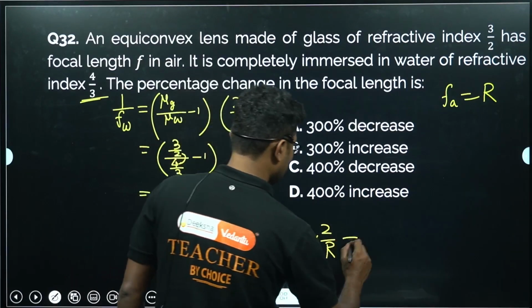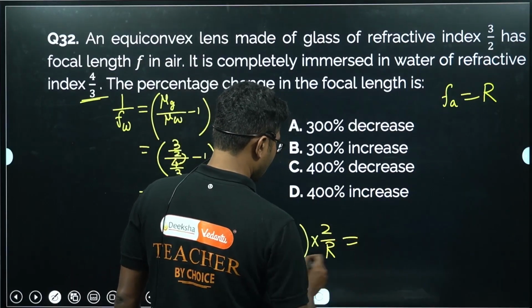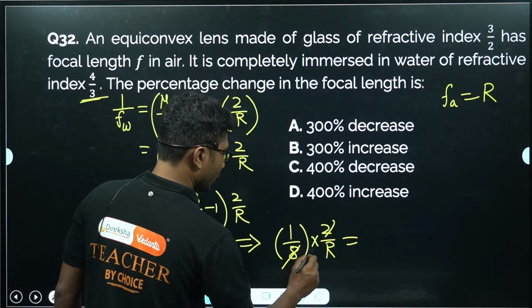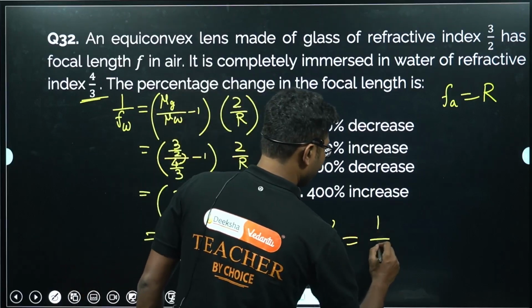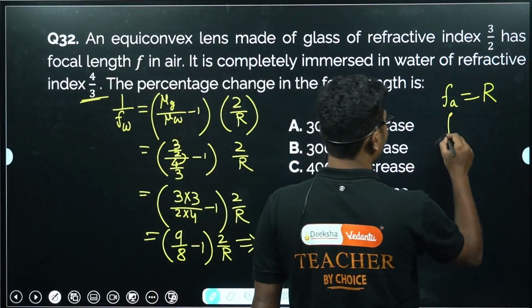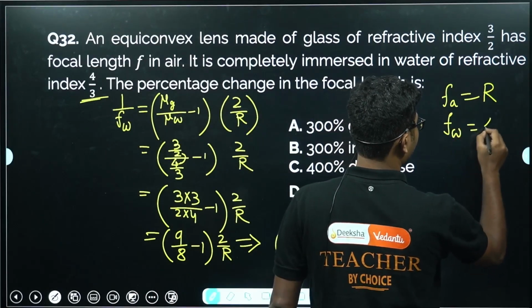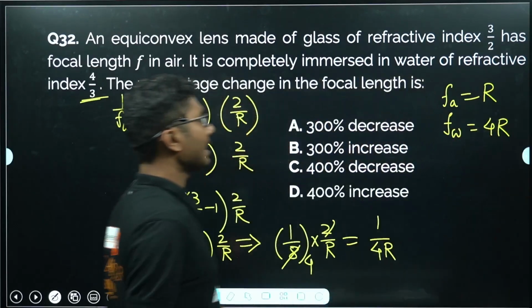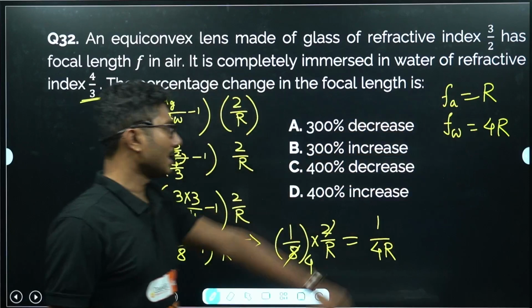This cancels, so 1 by 4 is left. So 1 by 4r, right. So in case of water, the focal length becomes 4r, right. In air it was r, in water it is 4r.